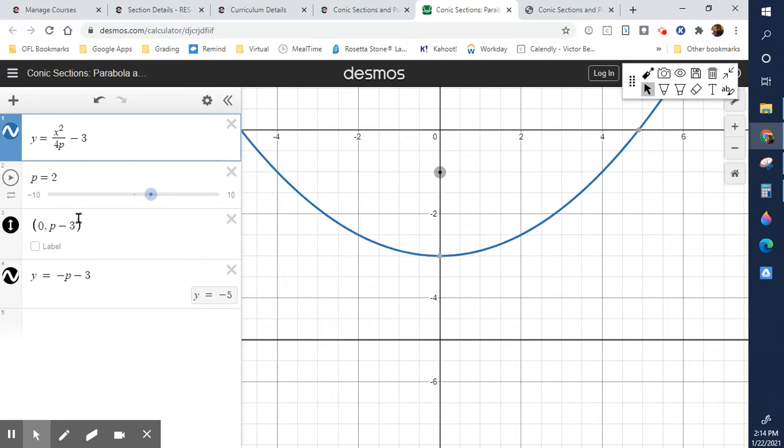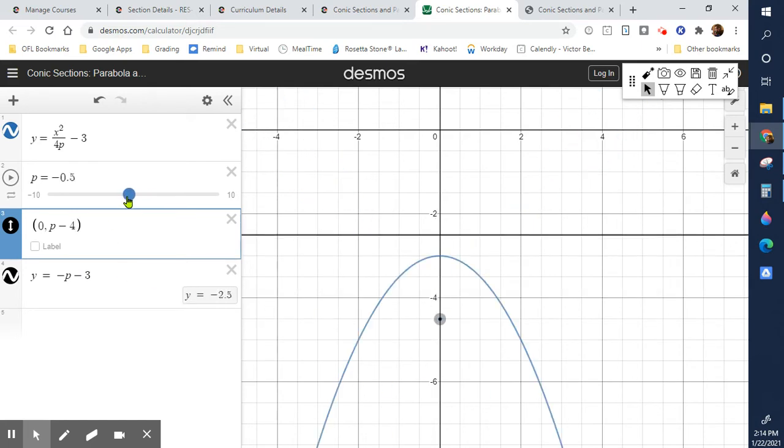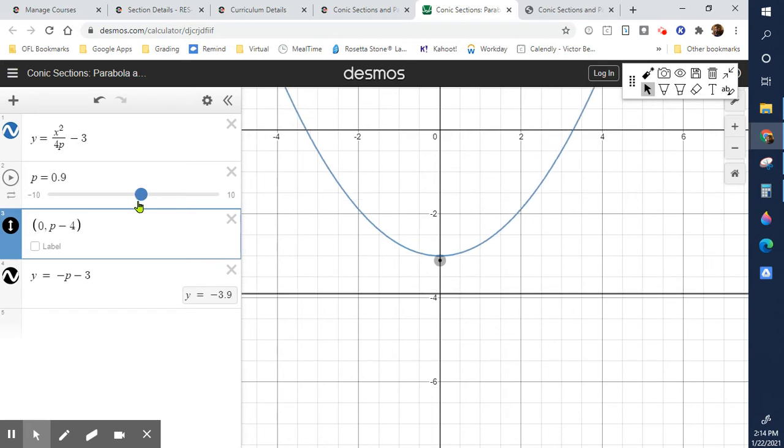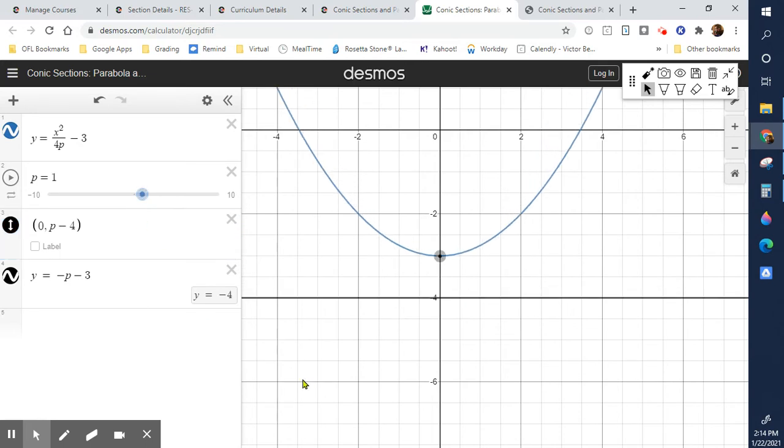So let's see if changing this to 4 helps. Nope, too far. We want it bigger than that. So, I guess that didn't help it. I'm just trying to figure out where we want this line to be.